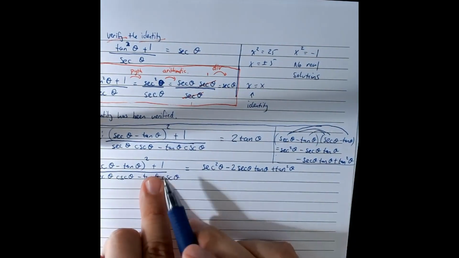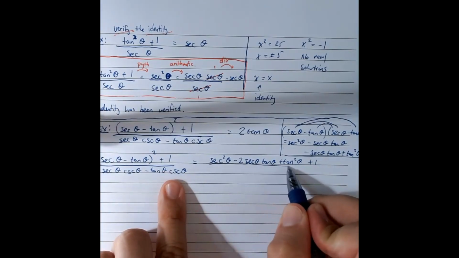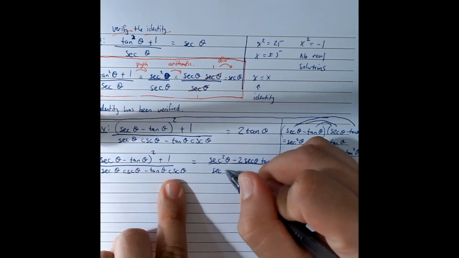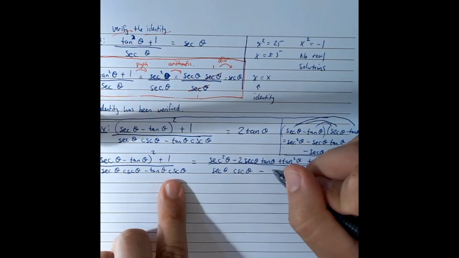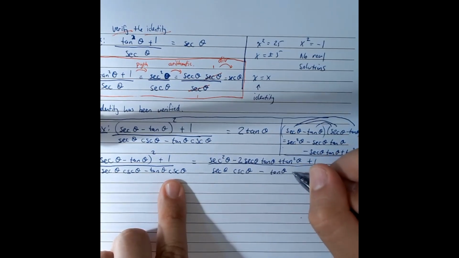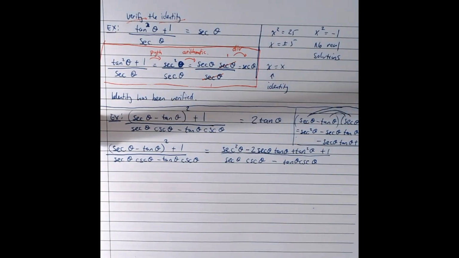And then I have plus 1 right here. And all of that is being divided by secant of theta cosecant of theta, minus tangent of theta cosecant of theta.